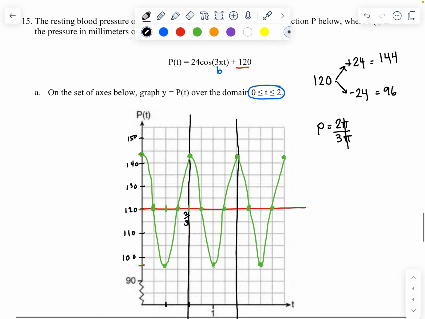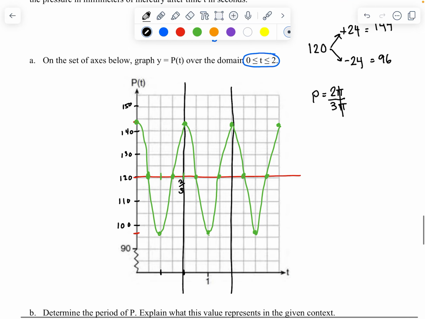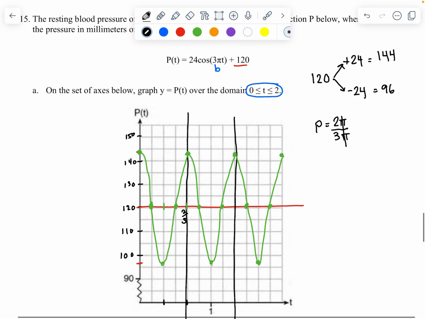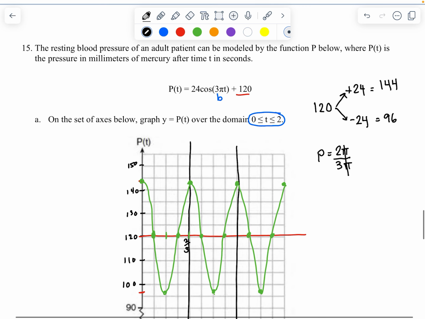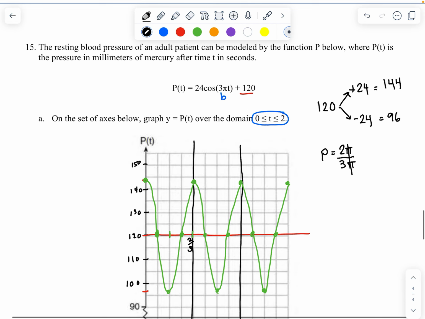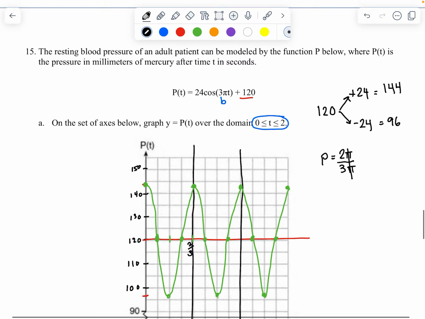Well, in this case, we are graphing the resting blood pressure, where P of t is the pressure in millimeters of mercury after t time in seconds. So that bottom is time. So we're saying that it takes 2/3 of a second for one revolution of blood pressure.